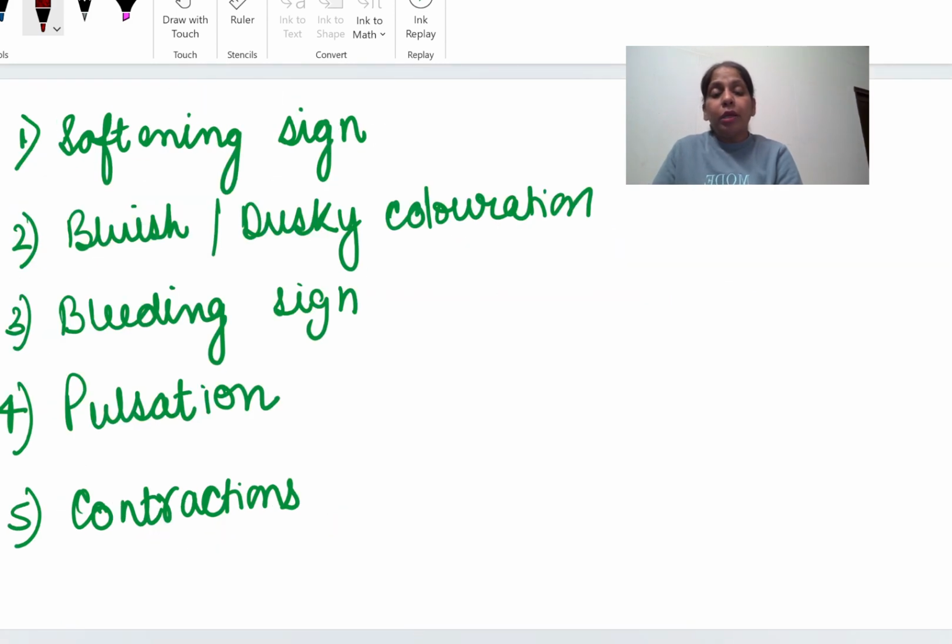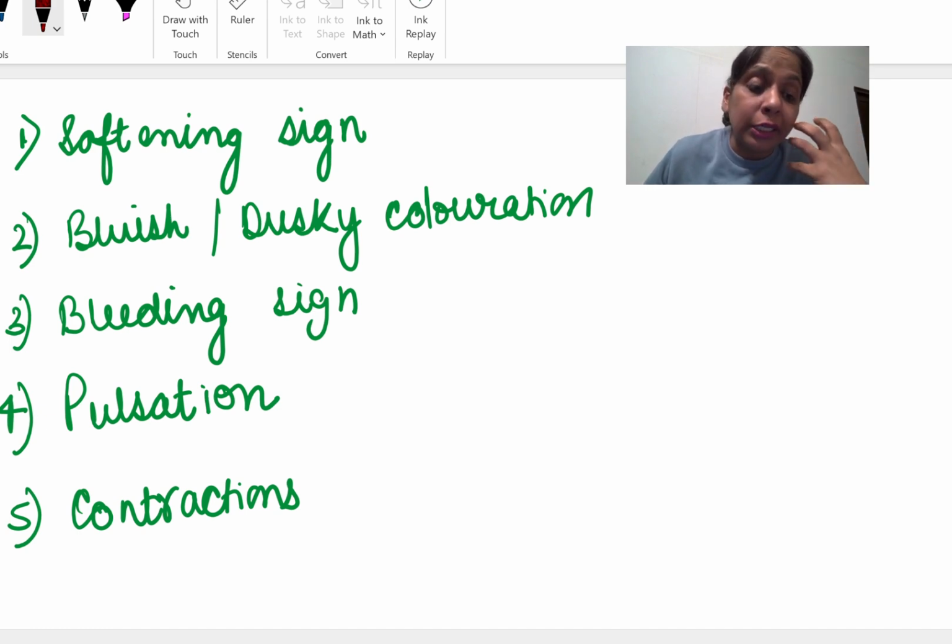Now here we will be discussing the different signs of pregnancy. Basically these are the 5 changes which occur in pregnancy. One is that all the reproductive organs, the cervix, the uterus, and all these structures which are very firm, get soft.